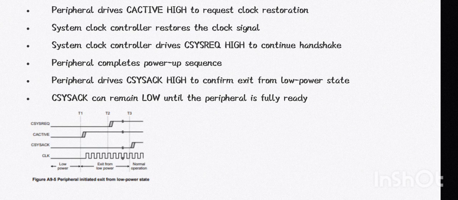The system clock controller drives CSYSREQ high to continue the handshake. The peripheral completes the power up sequence. The peripheral drives CSYSACK high to confirm exit from low power state. CSYSACK can remain low until the peripheral is fully ready.